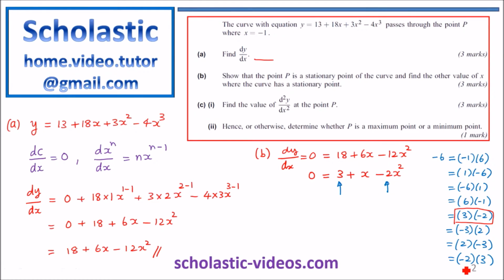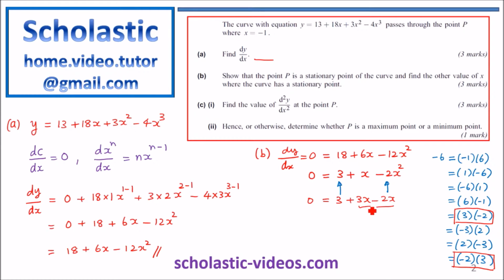Or we can have minus 2x plus 3x, also a possible combination. We'll take the first one. That means 0 equals 3 plus 3x minus 2x, minus 2x squared. So this is our replacement.